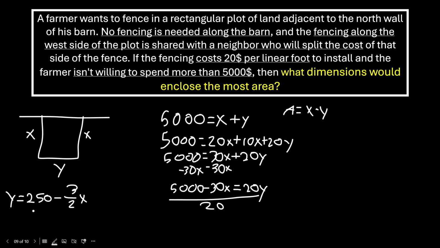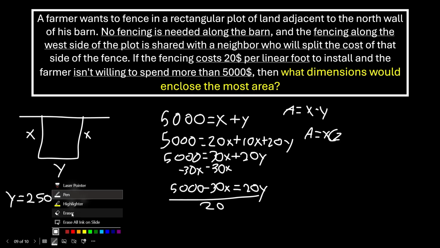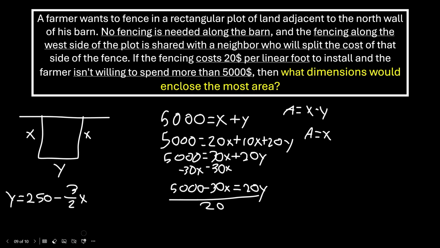Then we plug in our y, so A should equal x times 250 minus 3 over 2x.